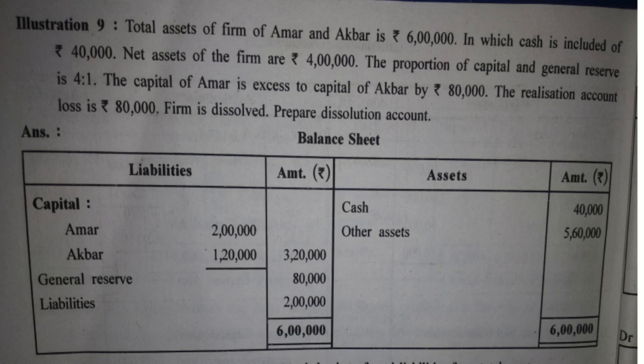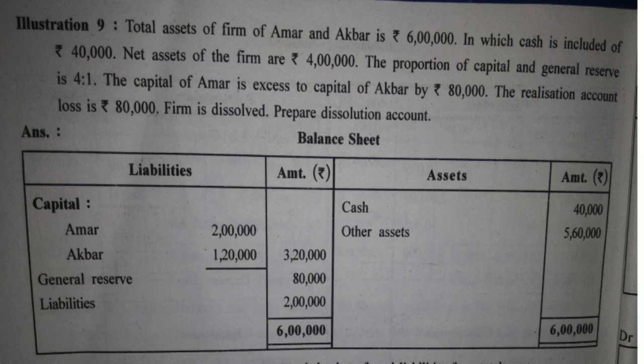So what about the remaining? The liabilities side first of all consists of capital, then reserves and surplus, and liabilities, of which we have obtained the amount of liabilities, which is 2 lakh. Yeah? Okay.